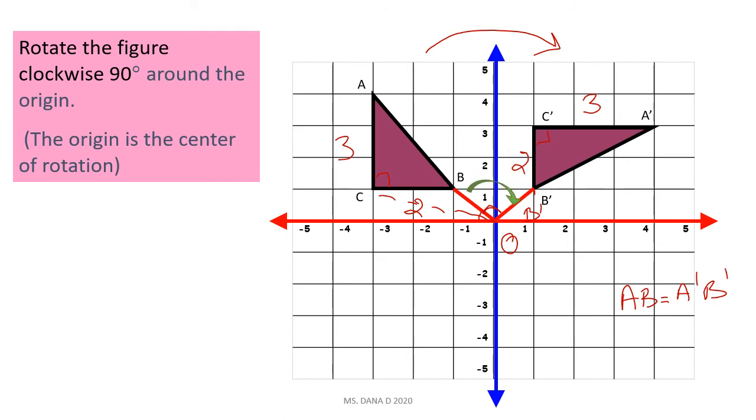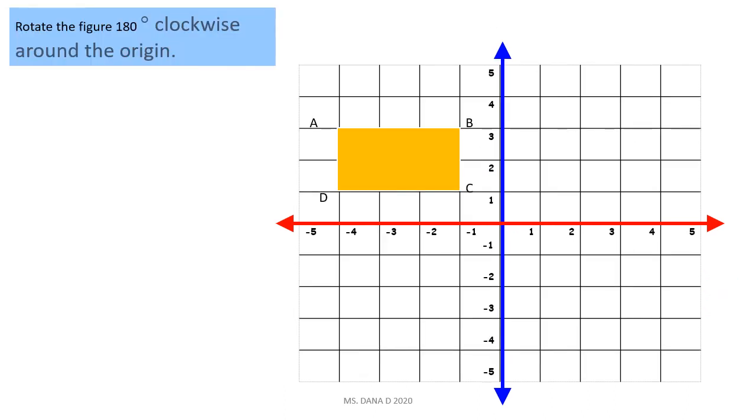Going for the second one, now rotating also clockwise 180 degrees. You have to take the same distance. As we said, we have to draw a straight line. When I say 180 degrees, it means I am discussing a straight angle.